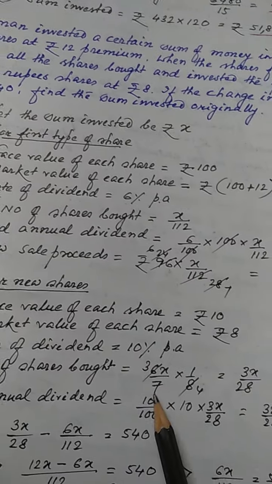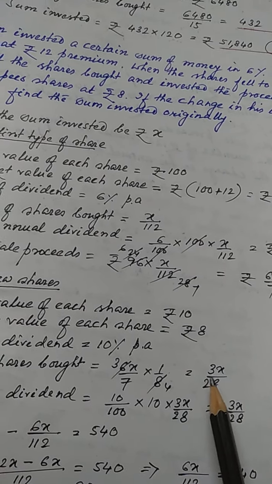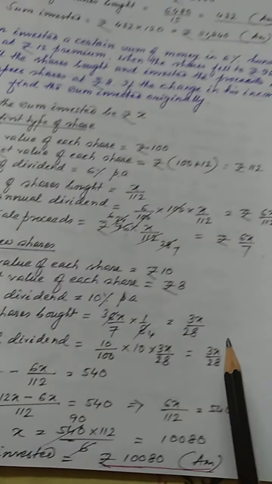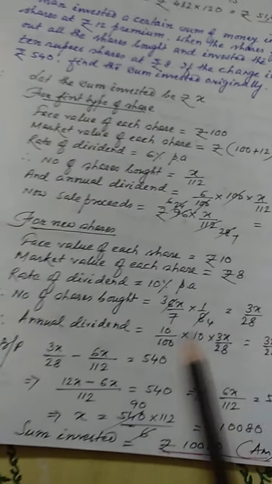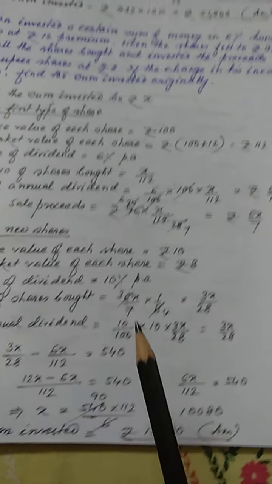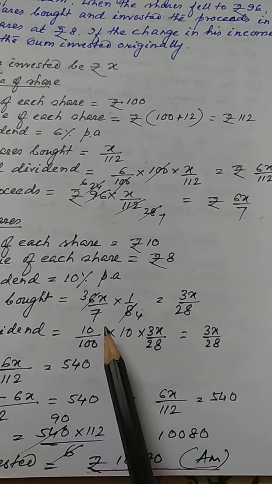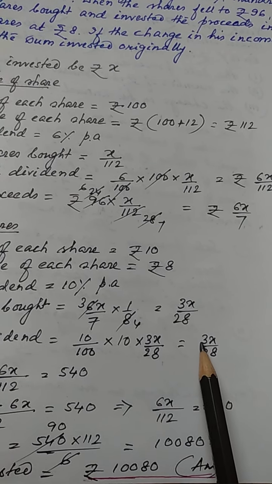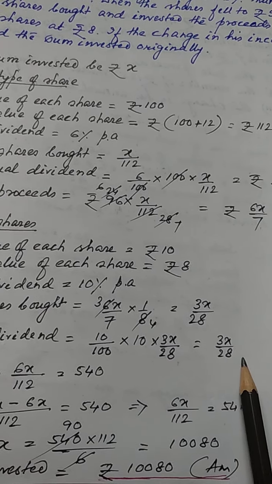So 6X by 7 divided by 8, it's coming 3X by 28. That is the number of shares. Therefore annual dividend equals 10 by 100 into 10 into 3X by 28, and it is coming 3X by 28 only.